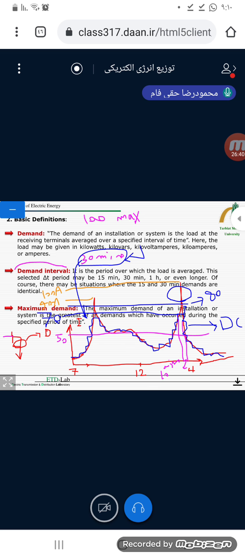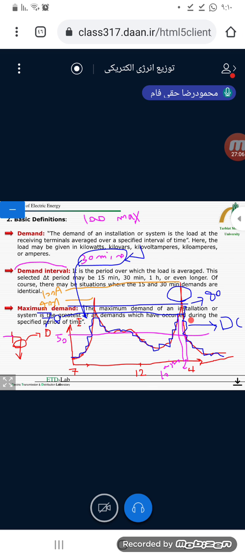Do you understand the concept of demand curve? The maximum demand of an installation or system is the greatest of all demands which have occurred during the specified time.